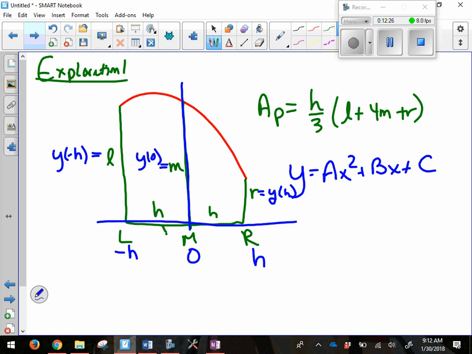And you can substitute that in and get what those values are. And that's not that hard, right? R is going to be a h squared plus b h plus c. Little m is going to be c. Little l is going to be a h squared minus b h plus c. And then I think they just want you to add it all together.